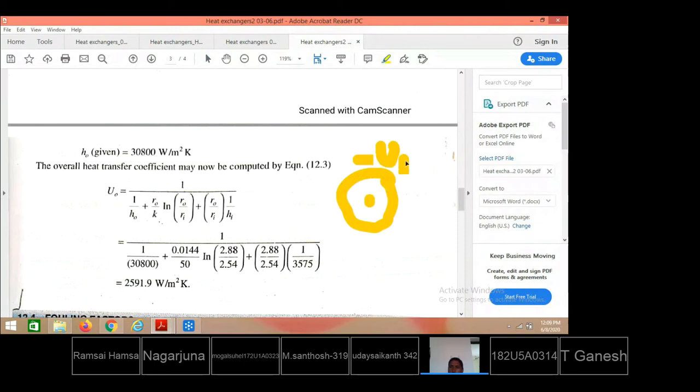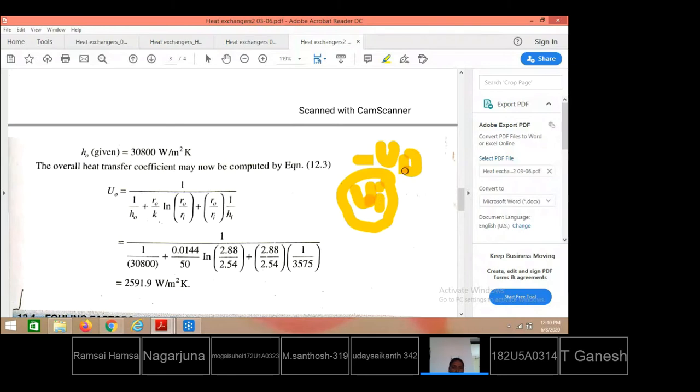Ui is different, U naught is different, but all the time UA is constant. That means U naught A naught equals Ui Ai. Since the outer diameter is larger, the outer surface area is larger. Therefore the overall heat transfer coefficient based on the outer surface area for any tube is lesser than that based on the inner surface area.